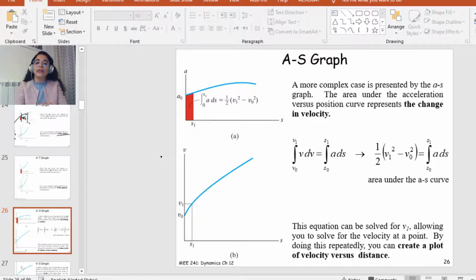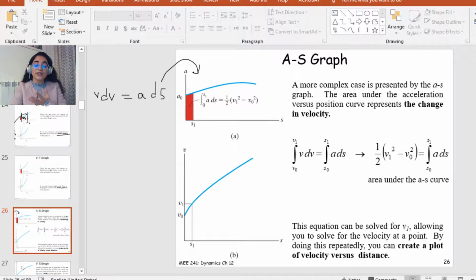Now what if I have a more complex case where the acceleration, like this case, is given versus s? What should I do? In fact, guys, from this equation, the independent equation of time, v dv is equal to a ds, I can use this equation in order to solve for velocity in this case.